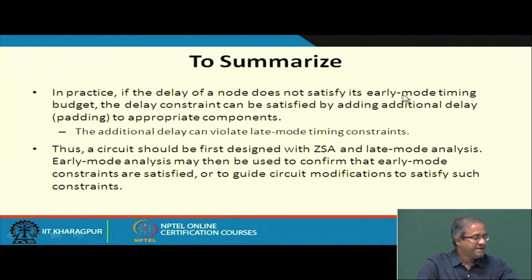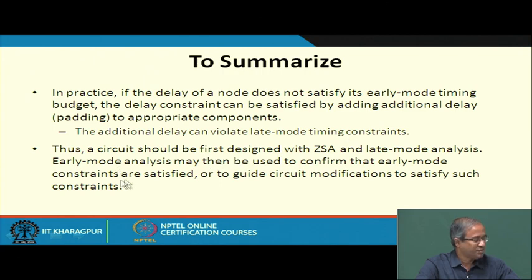So, if it does not satisfy early mode budget, the delay constraint can be satisfied by adding some delays, but if you add some delay, then some late mode constraint might get violated.